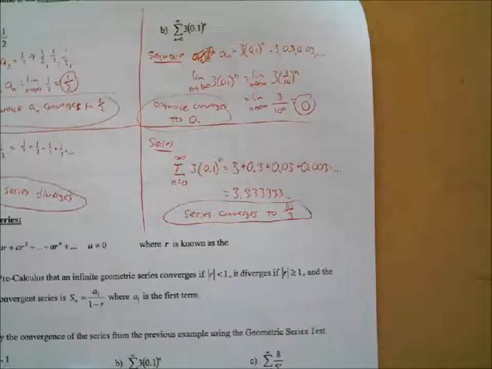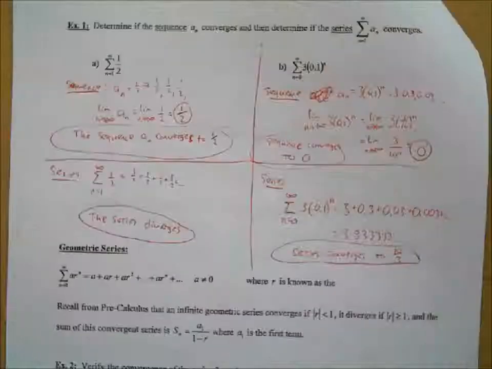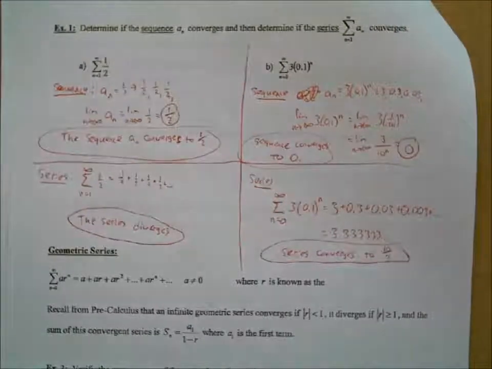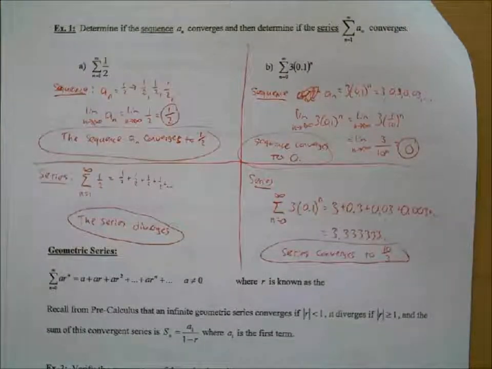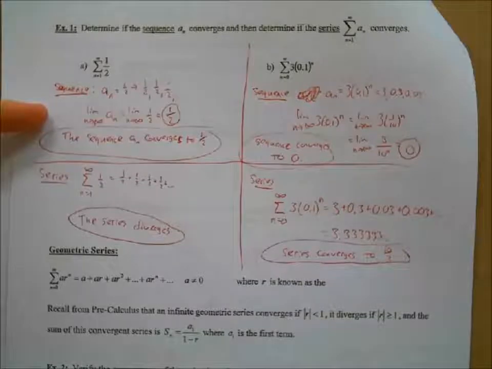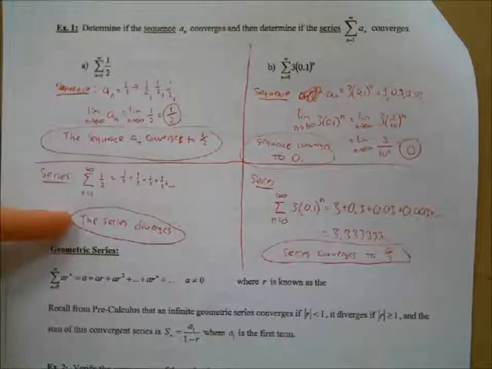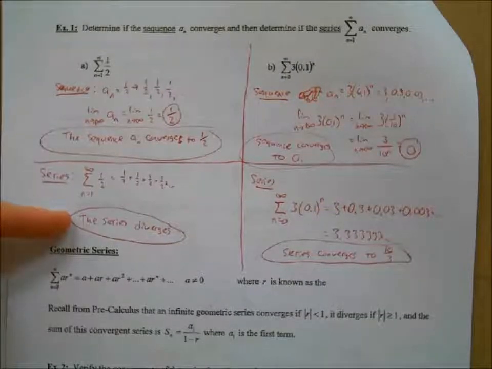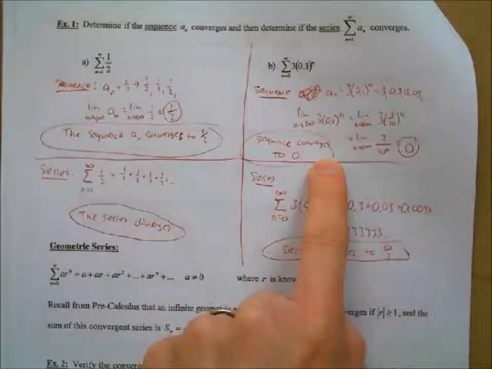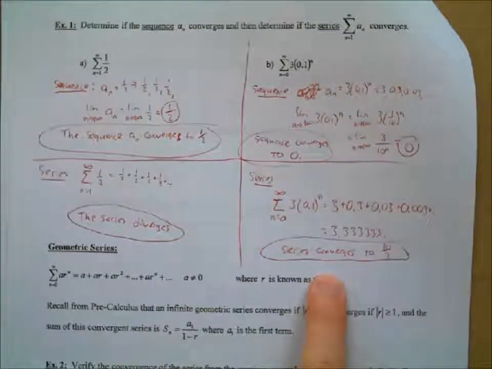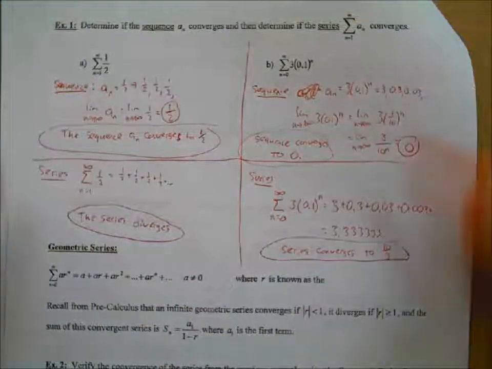One thing I do want to point out though. If we take this in total, the sequence converges, but its series diverges. Here, the sequence converges, and the series converges. So you want to be careful about how you try to relate things.